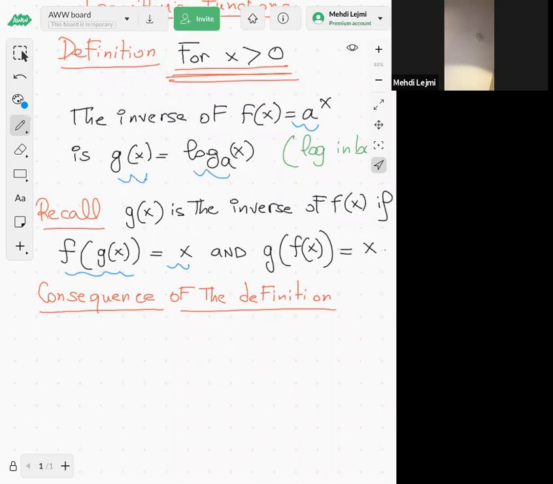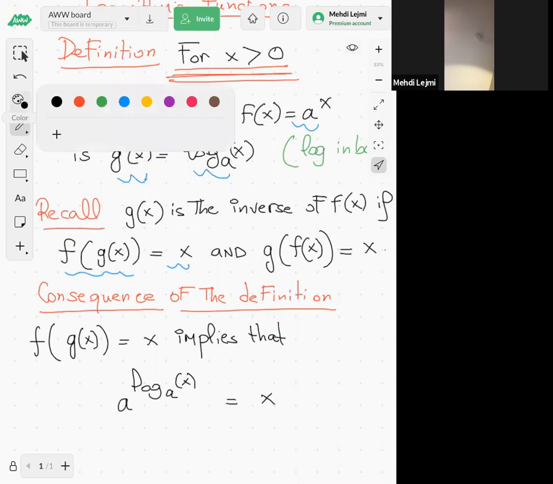So f of g of x equal to x implies that a to the power log in base a of x is equal to x. This is our first identity.